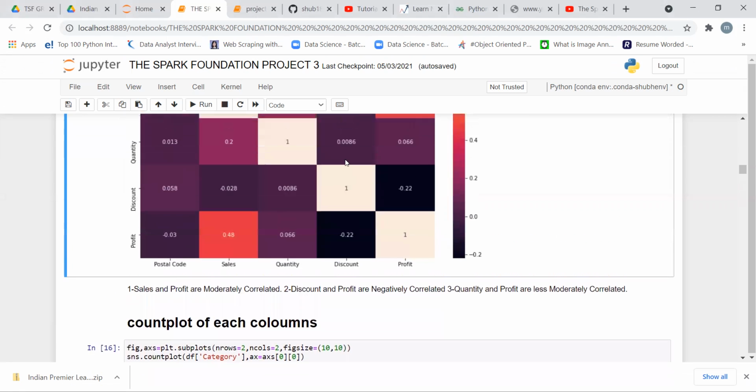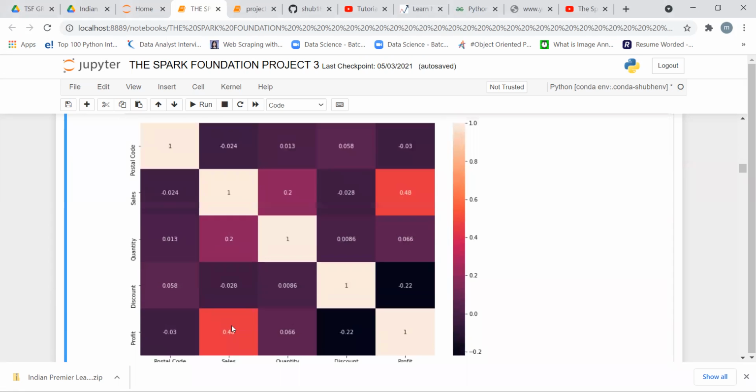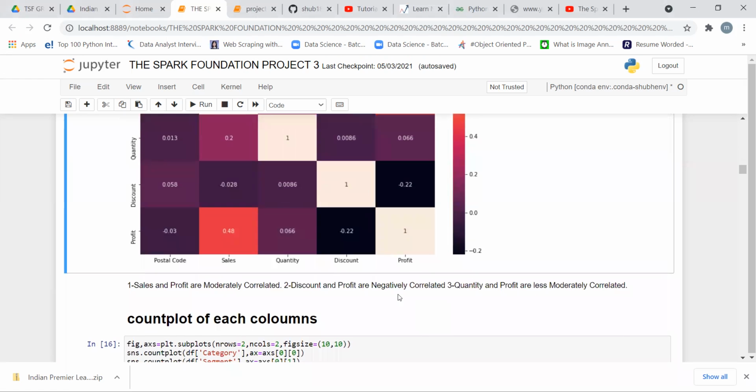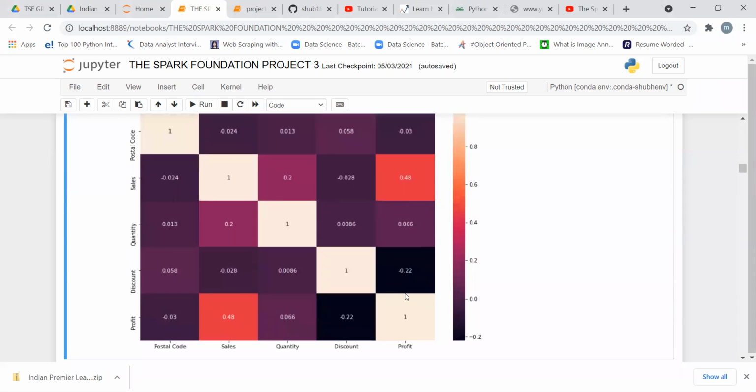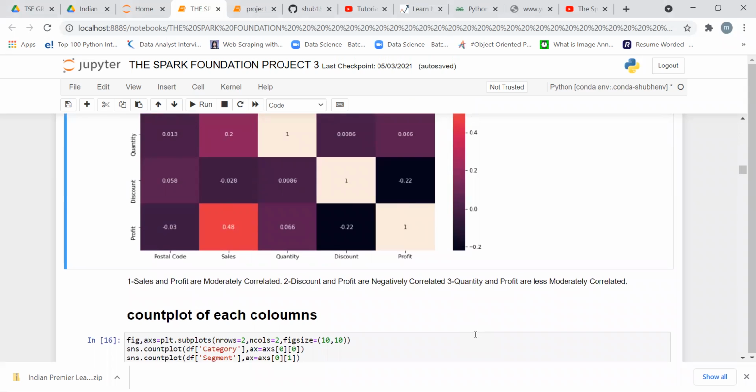Sales and profit are moderately correlated. Here, sales and profit are positively and highly related with each other. Profit and sales have a positive relationship, and discount and profit are negatively correlated, meaning an inverse relationship between discount and profit.